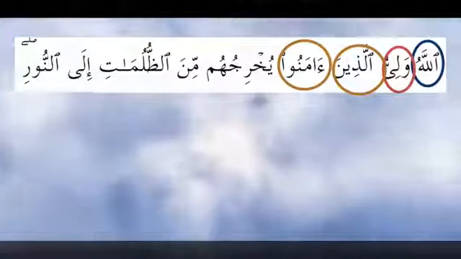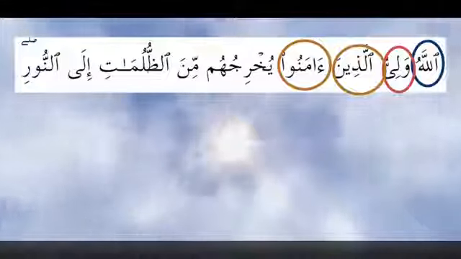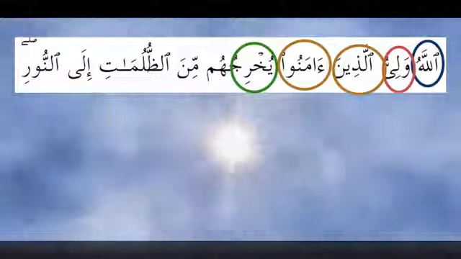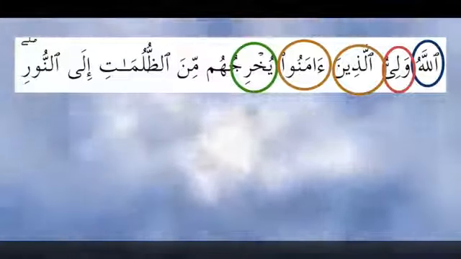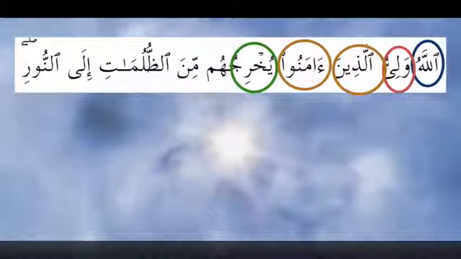Amanu. And the second part begins with a sentence. It is yukhrijuhum. So what is yukhriju? We know it is originally yukhriju. It comes from akhraja. Yukhriju, he brings out. Brings out what? It's whom. He brings them out.